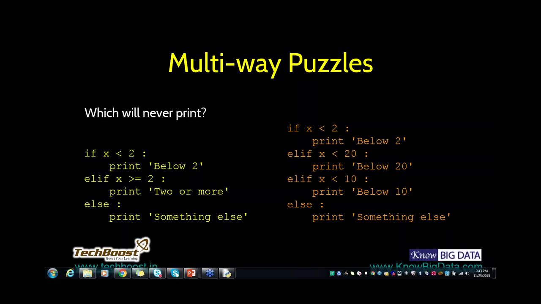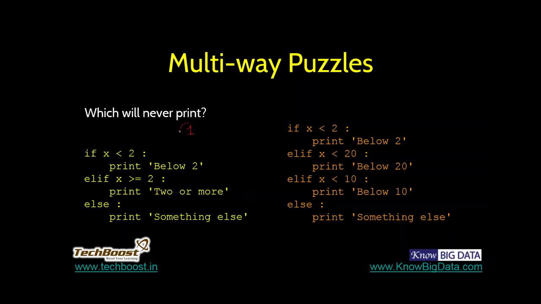Okay. So I have two blocks of code. This becomes question number 1. This piece of code becomes question number 2. I want you to try this: which of these conditional executions will never happen?